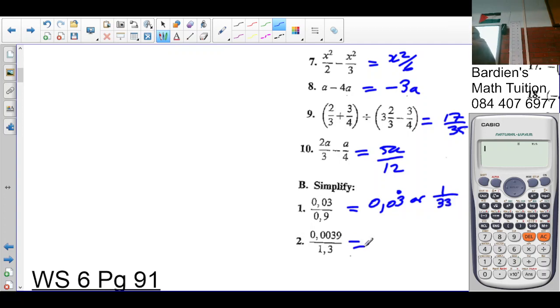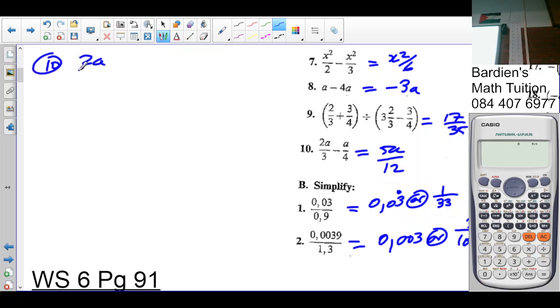The next one, 0,03, or we would write it in fraction form, which is 3 over 100. Right, let's start with number 7. Any issues there? Number 8, 9, 10.